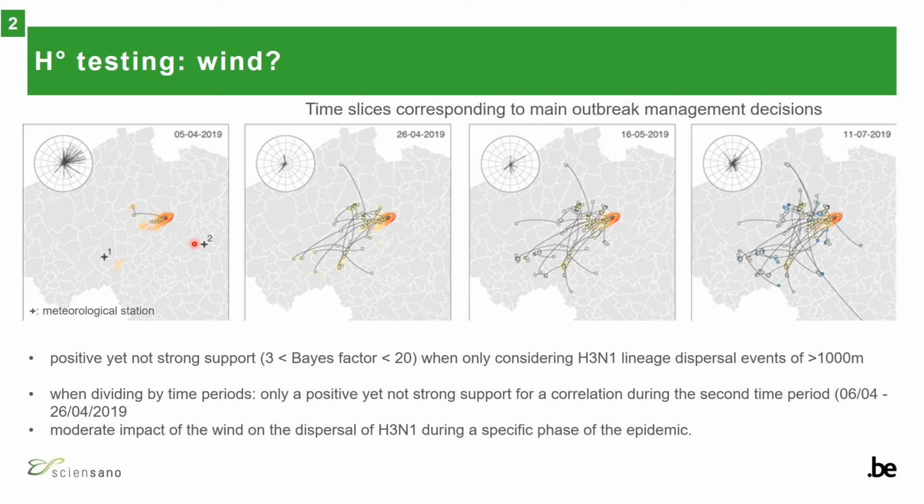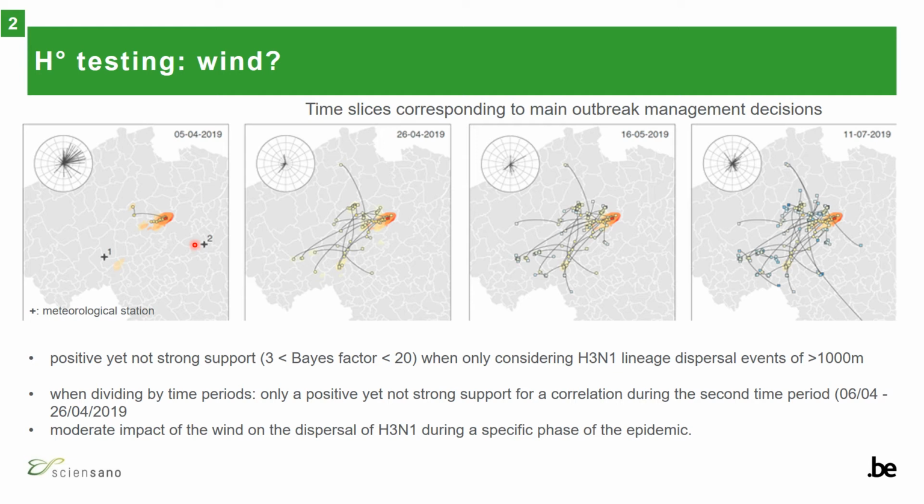And when we looked for the whole of the epidemic, whether there was a correlation between dispersal direction and wind direction, we could see that there was a positive but not very strong statistical support for wind having an effect on dispersal in the whole of the outbreak.